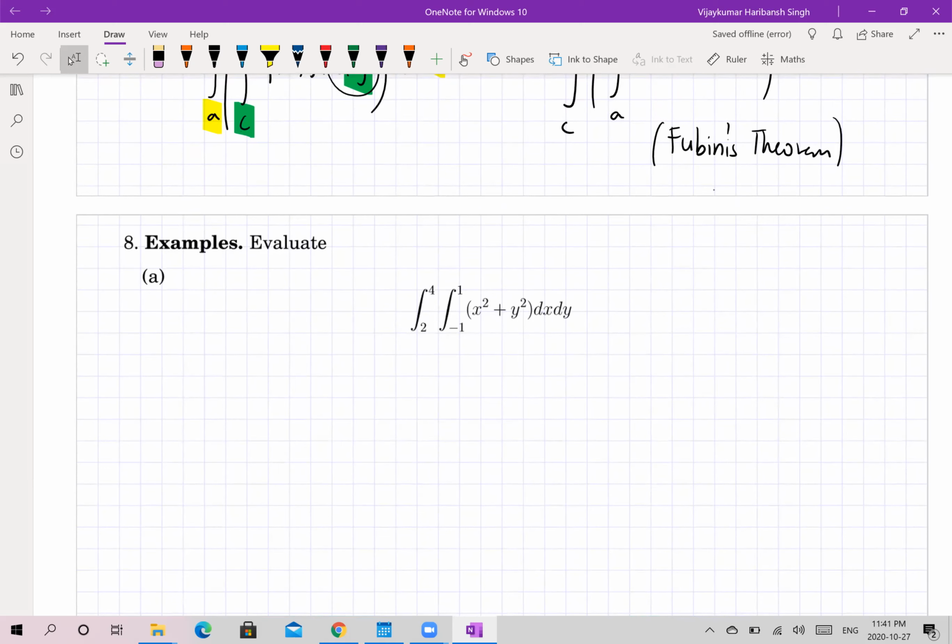Let's see this example. We have the integral from 2 to 4 of the integral from minus 1 to 1 of (x squared plus y squared) dx dy. We'll do the first integral with respect to x first. Now we are integrating with respect to x.